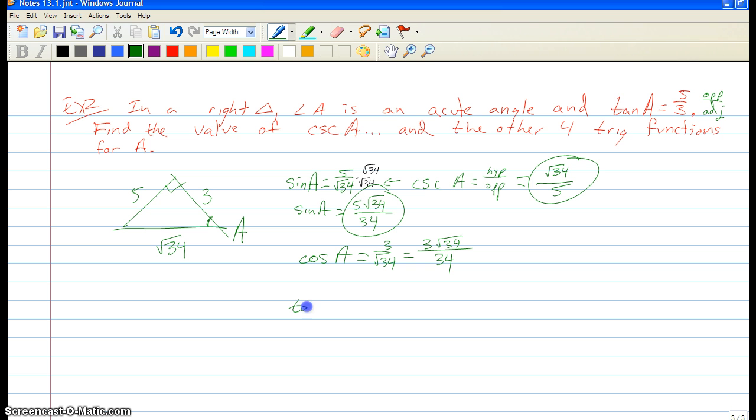Then tangent: we already have tangent of A, which was 5/3. After we have cosine, it's a little easier to get secant of A, which is the reciprocal of that, square root 34 over 3, right? And cotangent of A is 3/5. Yes?